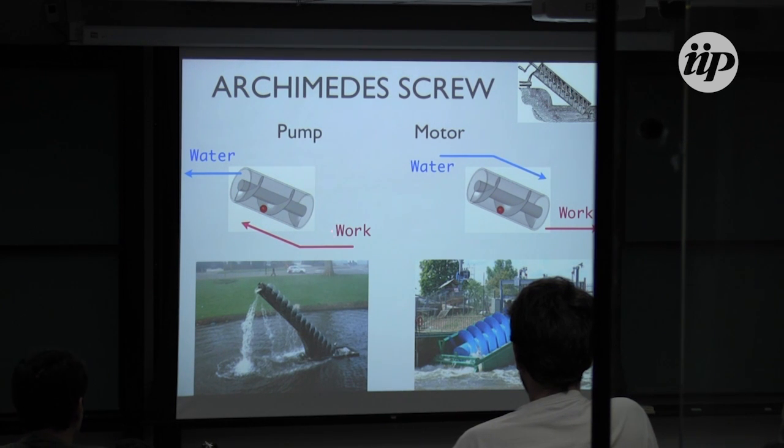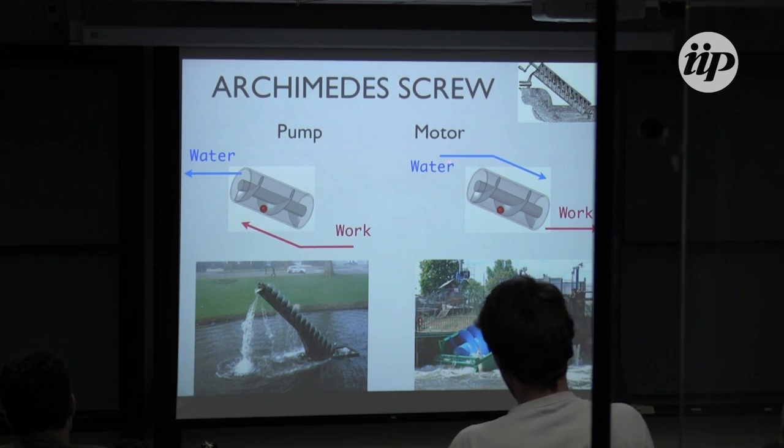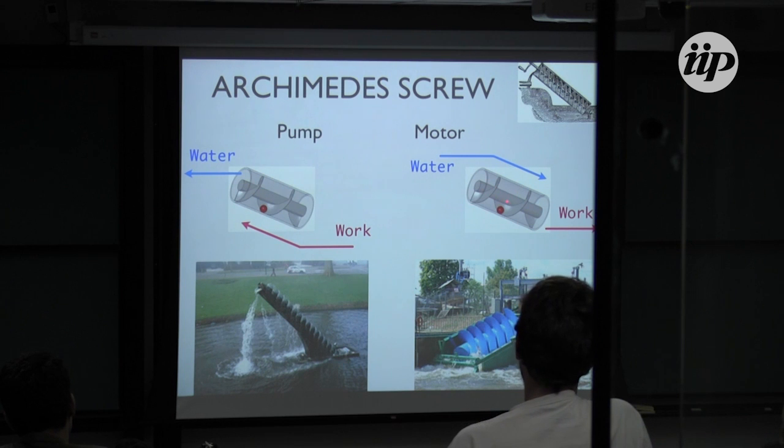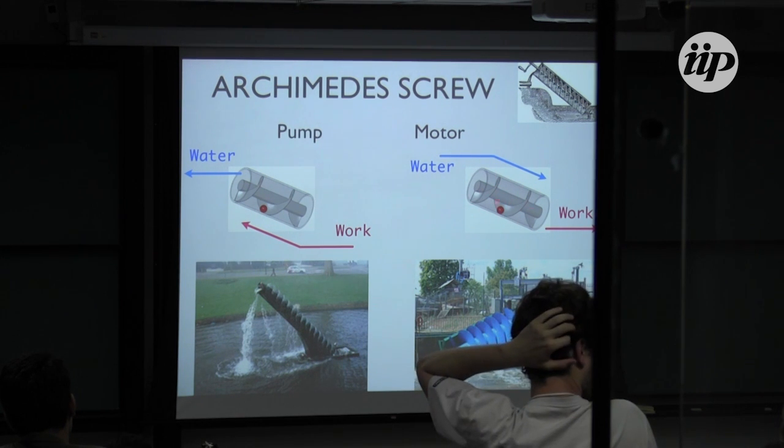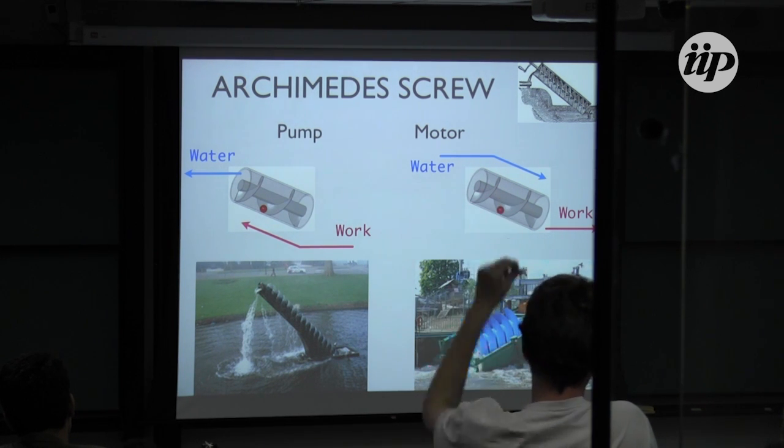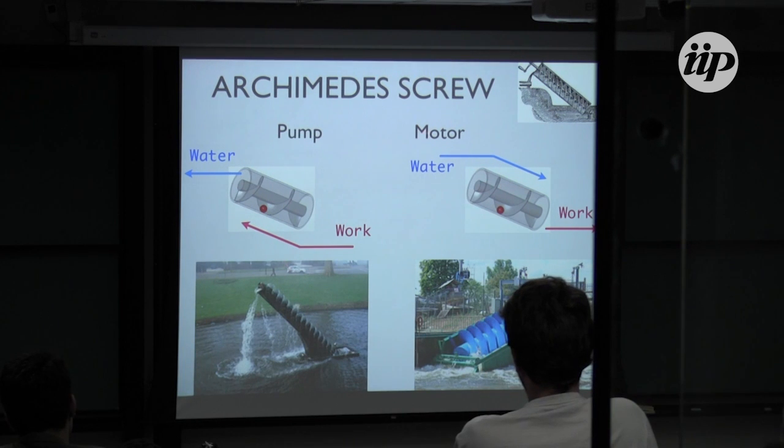But it can also be used in the reversed operation regime if we inject water. With the water, we put the screw to rotate, and in this way, we generate work. And this is precisely a motor.